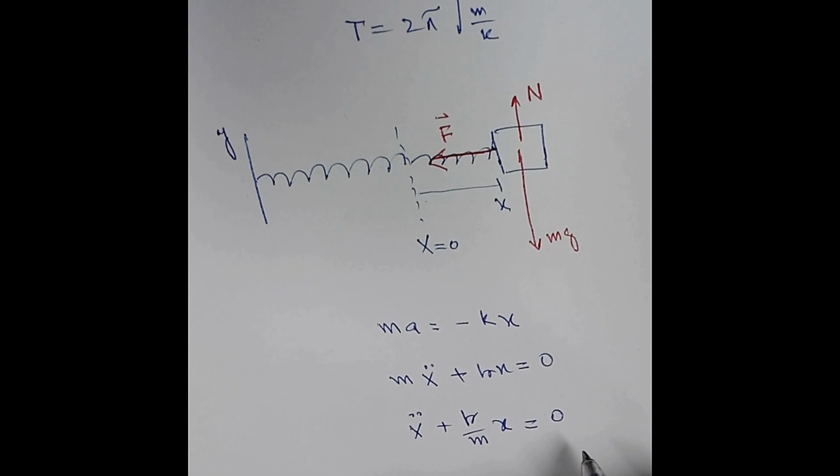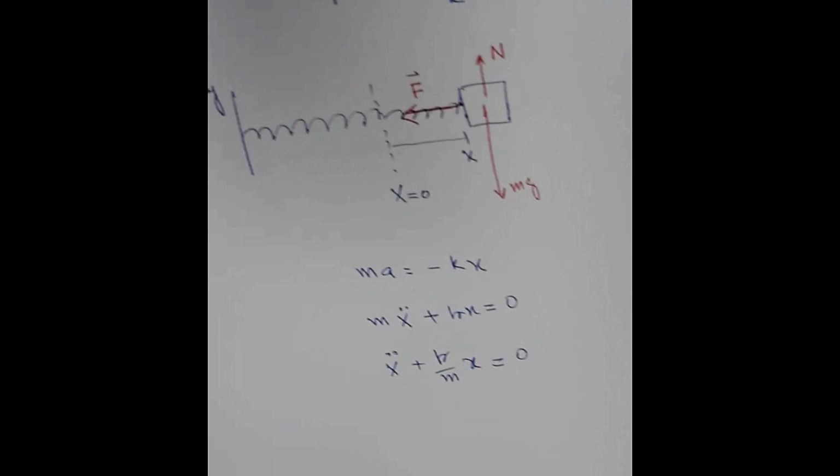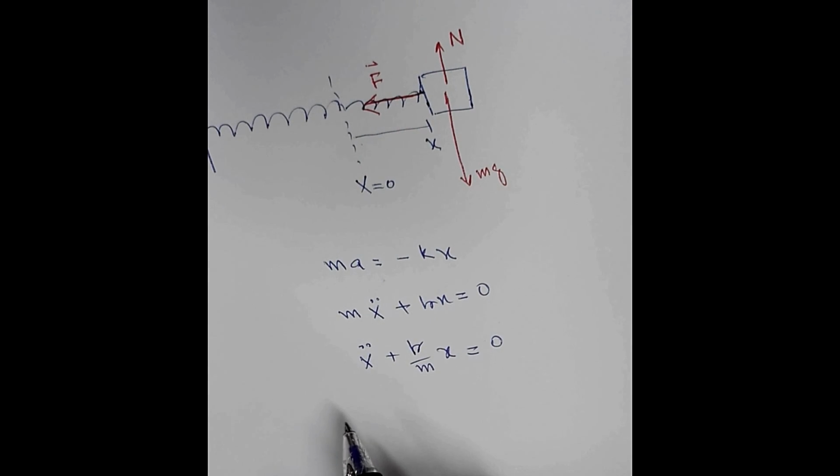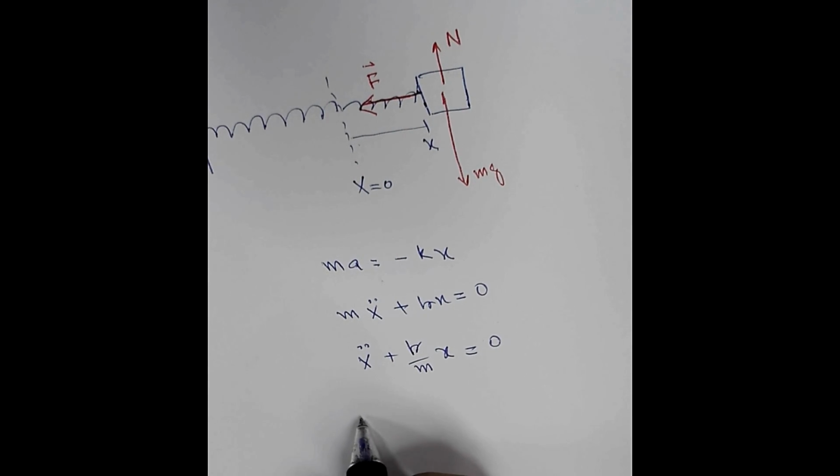So now we need to find the solution of this equation. Here this x is changing in some way as a function of t. So what would be the solution of this equation?